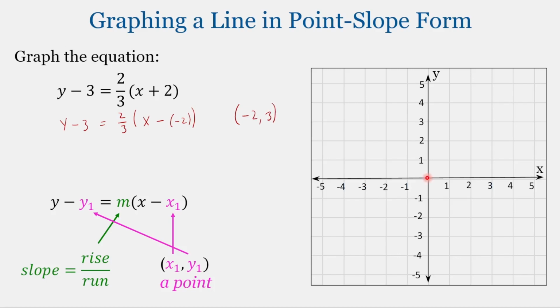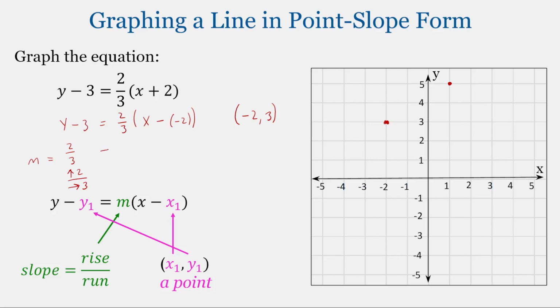So let's graph that point. So it has an x value of -2 and a y value of 3. And we have a slope equal to 2/3. So that means we're going to go up 2 and to the right 3. So from our starting point, we'll go up 2 and to the right 3.